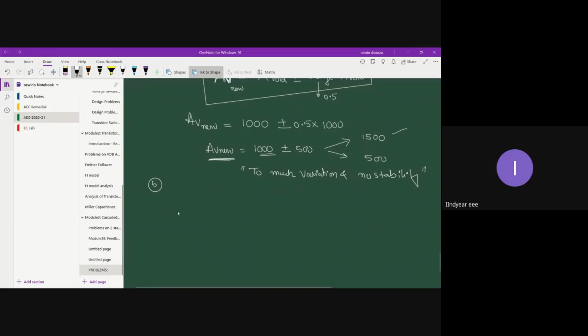Now let us look at what happens with feedback. So with feedback, we can write down this formula. AVF new is equal to AV new divided by 1 plus AV new into beta. Once again, when you say AV, you have to write AV new because the amplifier gain is changing.